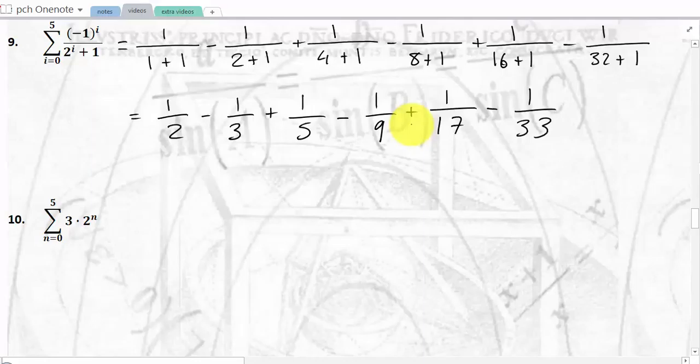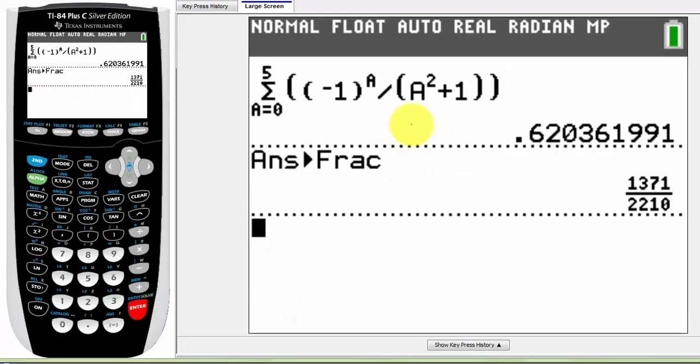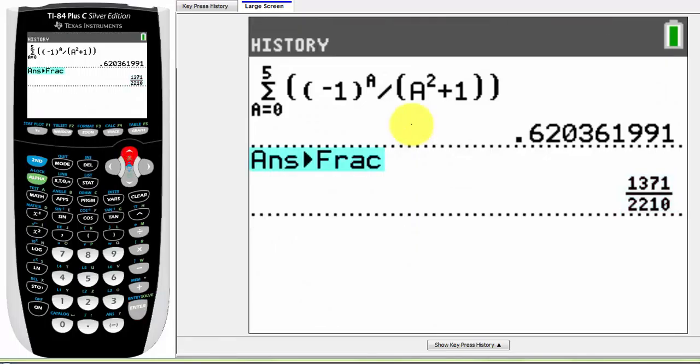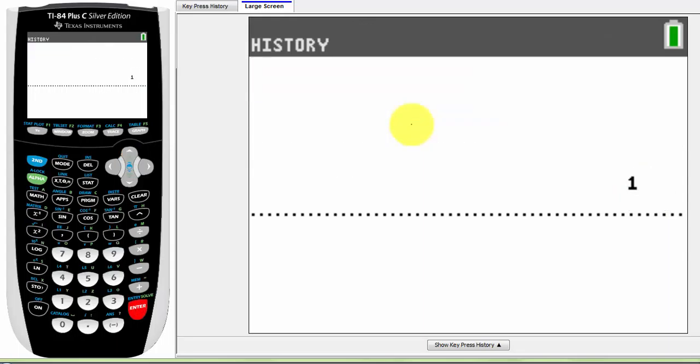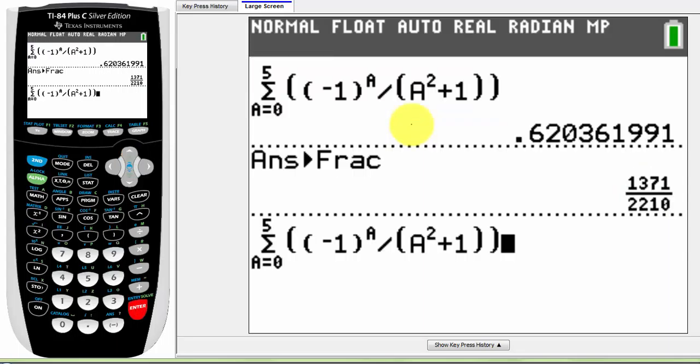To find it, of course, I'm going to enter it in my calculator. But because it looks so closely like the previous one, I'm wondering if we could just change this one right here. So let's grab it, enter, and just change what that looks like. Let's go in here, right here.